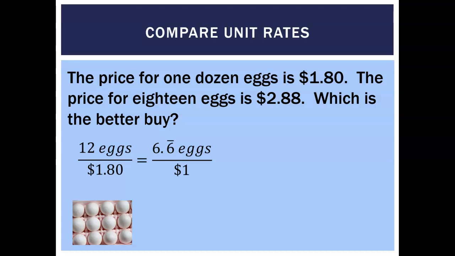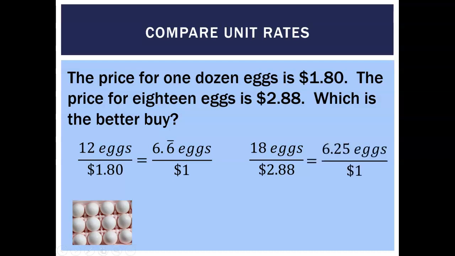We can do the same with the 18 eggs for $2.88. To find the number of eggs per dollar, we would divide 18 by $2.88. The result is 6.25 eggs for $1. Next, we'll compare the number of eggs we can get for $1.